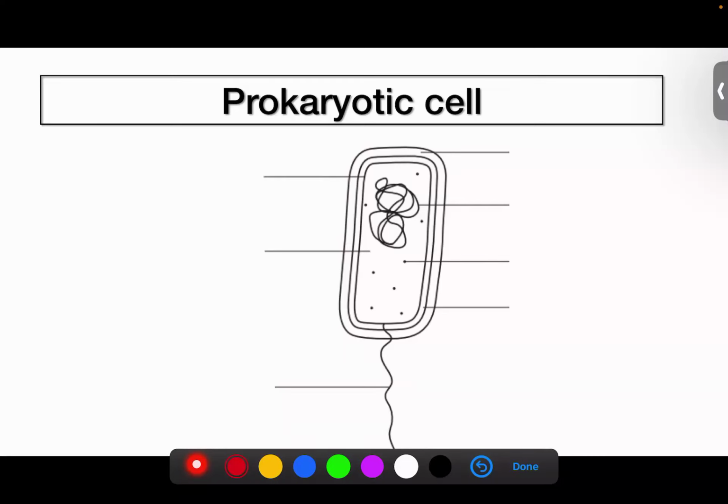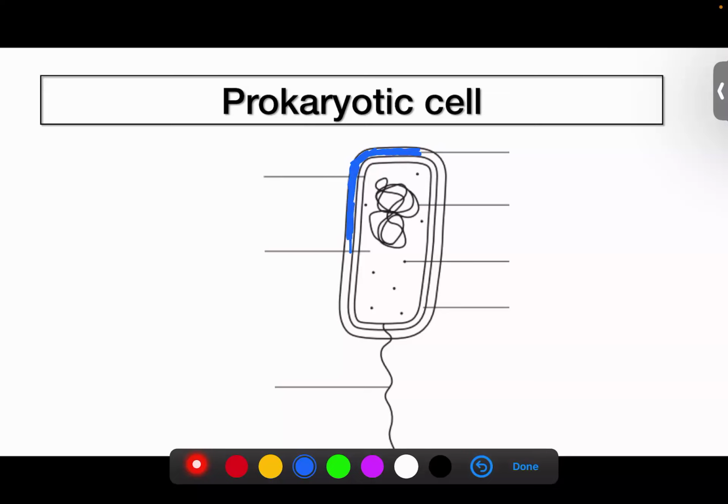You can see there are some structures that are always present in bacteria or in prokaryotic cells, but there are some structures that may be present in some bacteria or may not be present in other bacteria. Features that are always present in bacteria include this outermost cell wall.